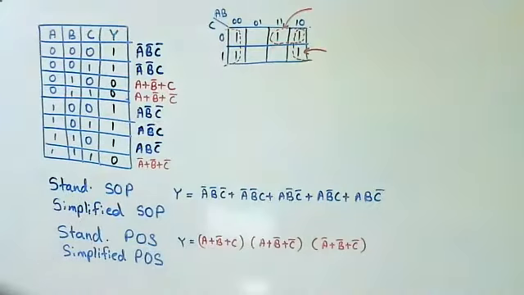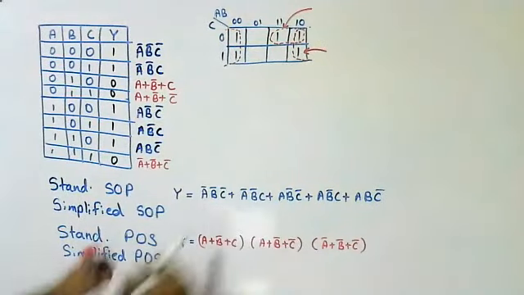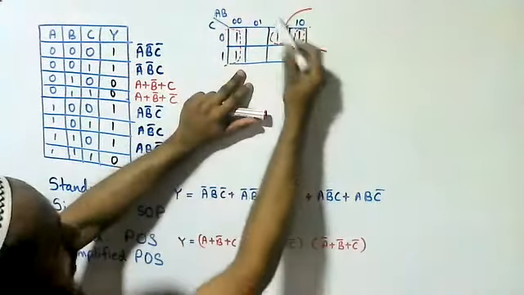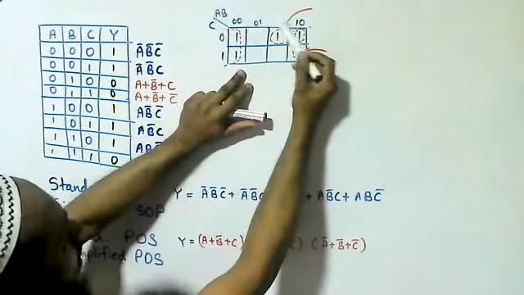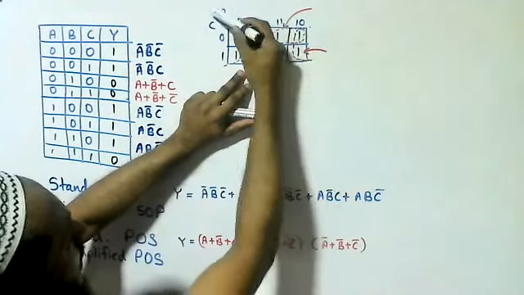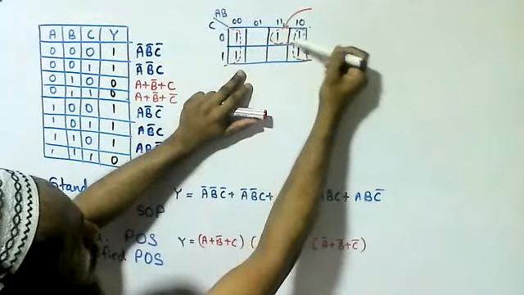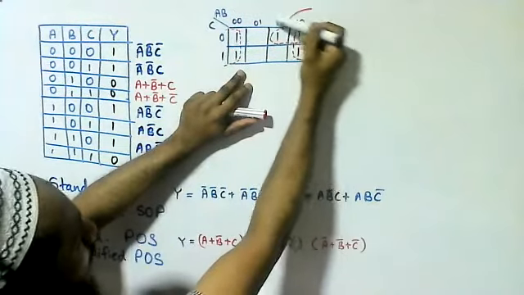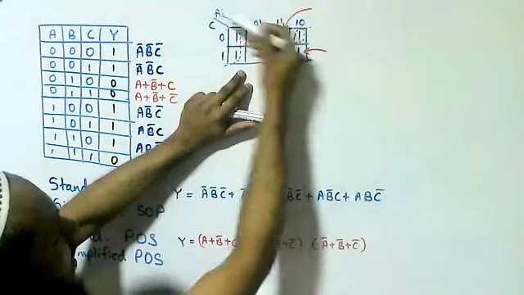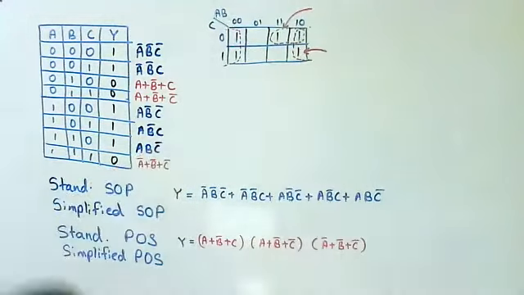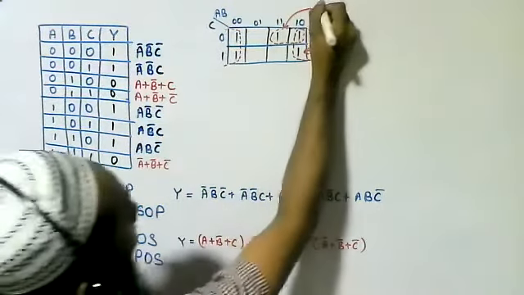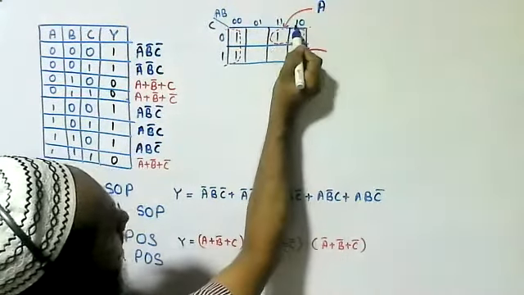Right? So here 1, 1, I'm considering A, B. A is 1, B is 1. Here A is 1. At this point also A is 1. That means the value of A is not changing. But B, here 1, here it is 0. That means we can skip B and we have to take A because 1 is there.